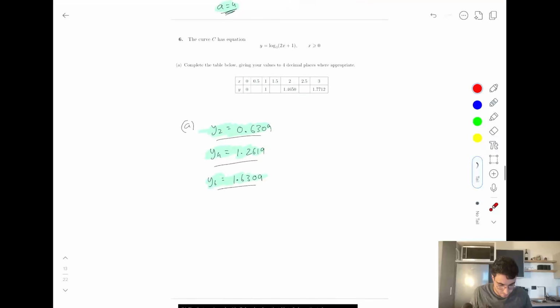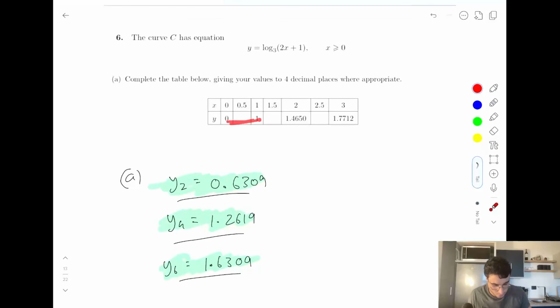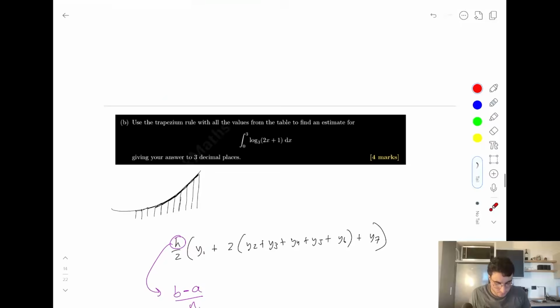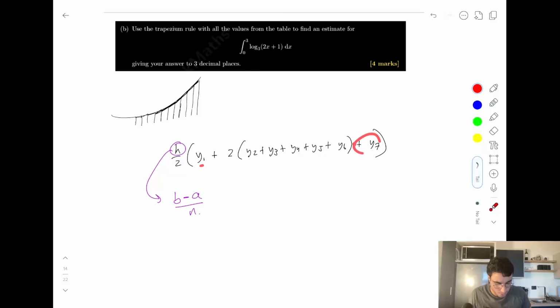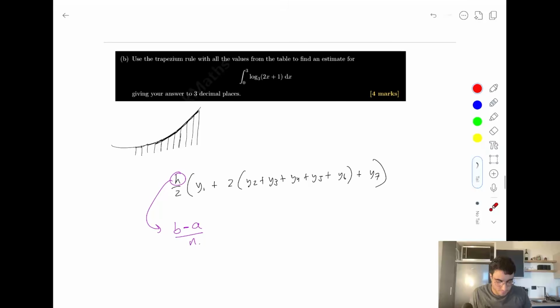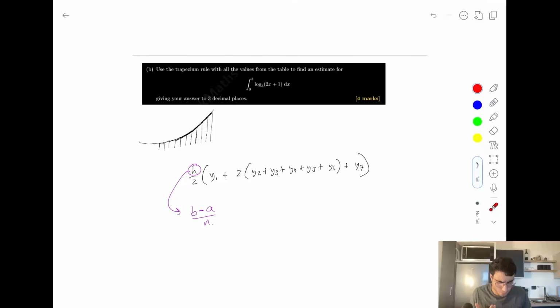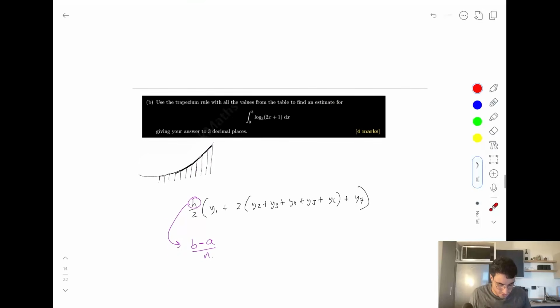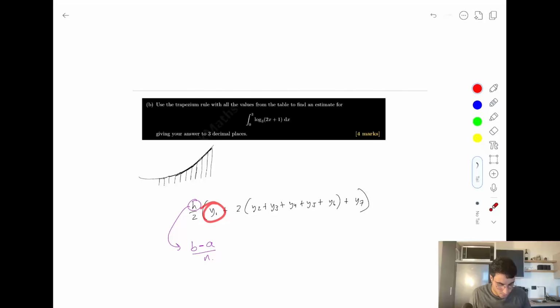Now I've put it up to y7 here, but for the actual number of trapeziums, we're going to have 6, because it's from y1 to y7.